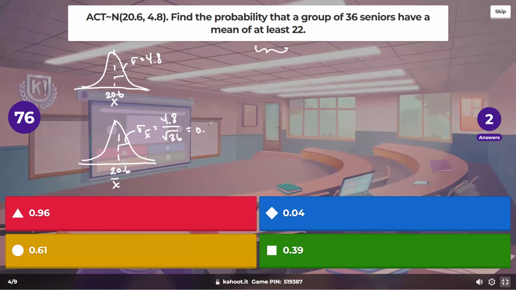Divided by 6. Okay. And let's see, we want to know, oh, it's at least 22. So 22 here, at least. So it's going to be some z value here. Question is, what's the z value? And what is that?